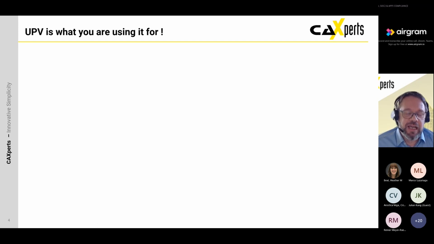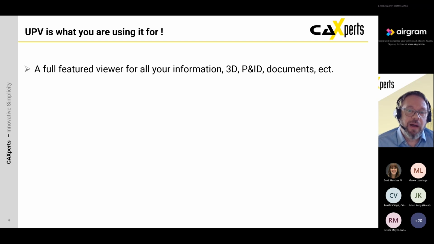Nowadays, I prefer to talk about what use cases you can cover with UPV. There might be all the standard viewer use cases where you want to have a look at your 3D model, PNIDs, documents, attributes, and things like that. But you can also use it as a communication hub.